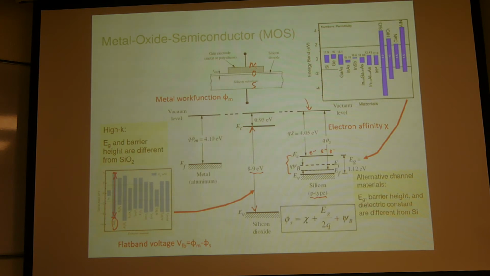If you want to kick the electron from the silicon to the outside, to the vacuum, then you need to apply this energy, like 4.05 electron volts. This energy is called the electron affinity. And then the electron will reach the vacuum level.